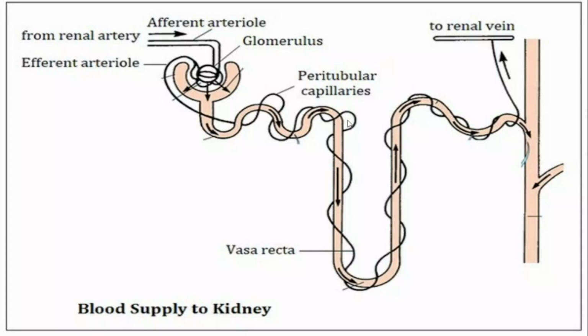The capillaries surrounding the loop of Henle are called the vasa recta, right? The vasa recta and the peritubular capillaries reunite and form a renal vein, and the renal vein drains into the inferior vena cava, right?